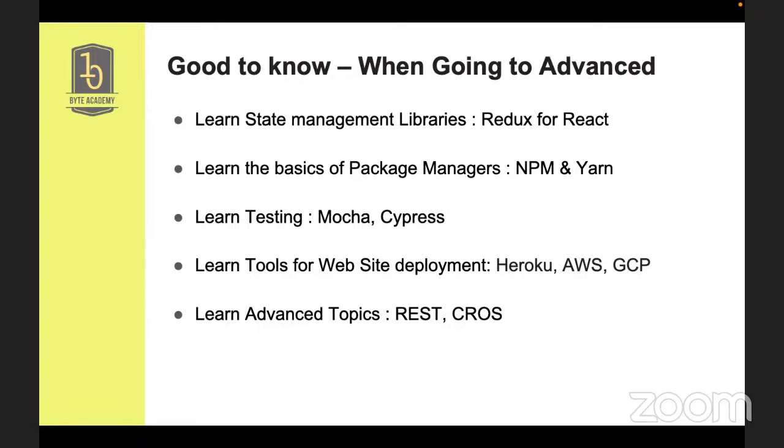There are many tools available for testing websites. You can learn one of the testing tools and learn about testing websites, how to write testing code, or how to use a testing tool. Mocha and Cypress are two testing tools you can look for.